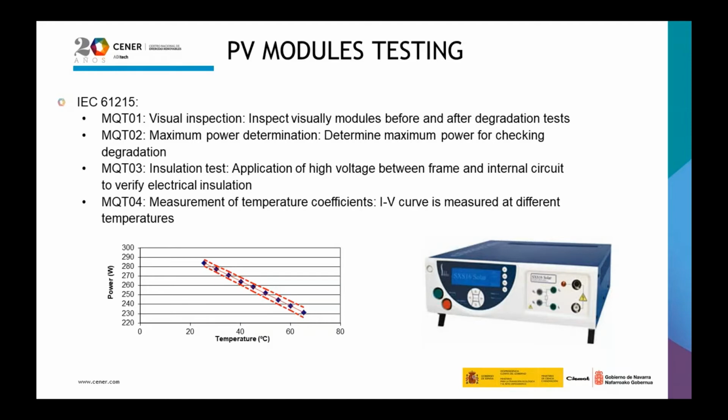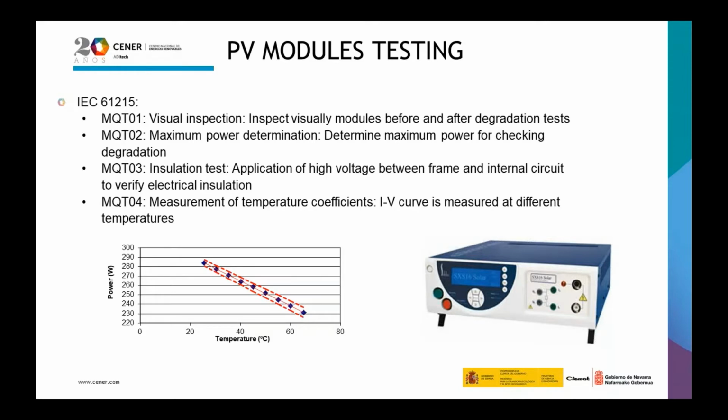Then we have the MQT02 for maximum power determination. This test is repeated also at the end of the sequences to check the degradation of the power across the different sequences.